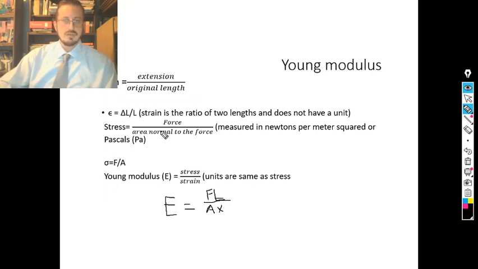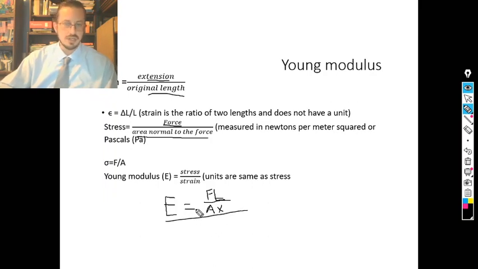And this is just plugging in these quantities for stress and these quantities for strain in this equation. So sometimes we may be given 4 pieces of information like this and asked to calculate the Young modulus, and you could just remember that Young modulus would be equal to force times original length divided by area times extension. It's like the denominator of the denominator, right? The original length here ends up back in the numerator because we're dividing by strain.